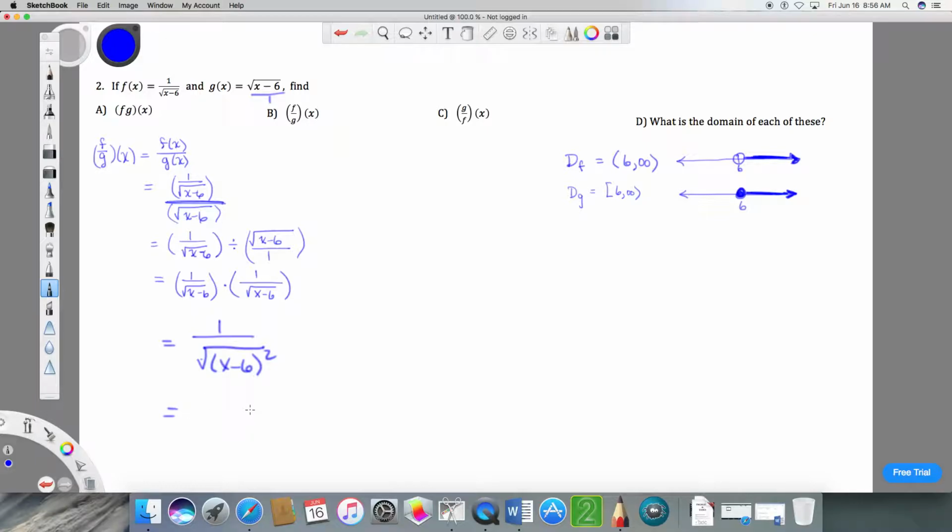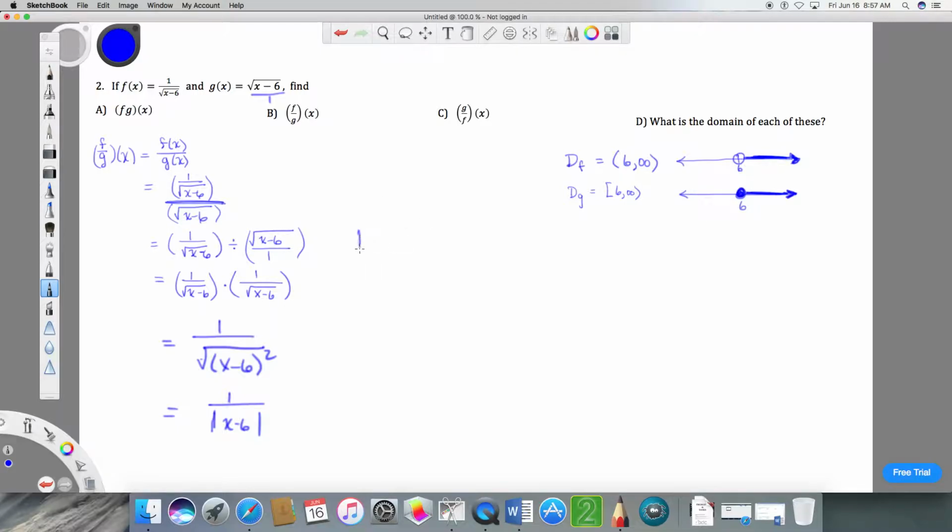And now this is me being picky, but the square root of that is the absolute value of x minus 6. Now, because we can figure out what the domain is, we'll be able to drop those absolute values, but not for every problem. So that's why I keep insisting that you should consider it, because there are times when you can't drop it.